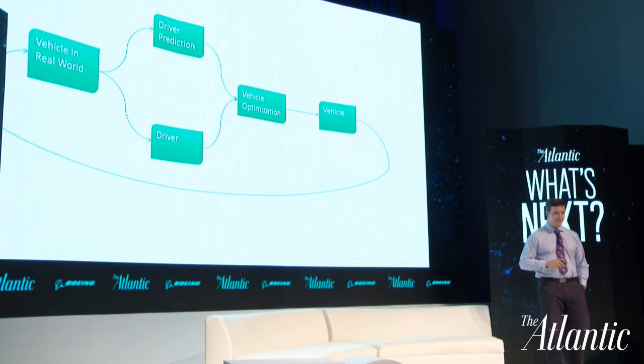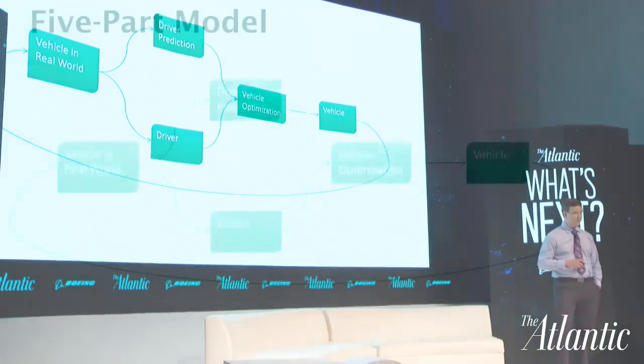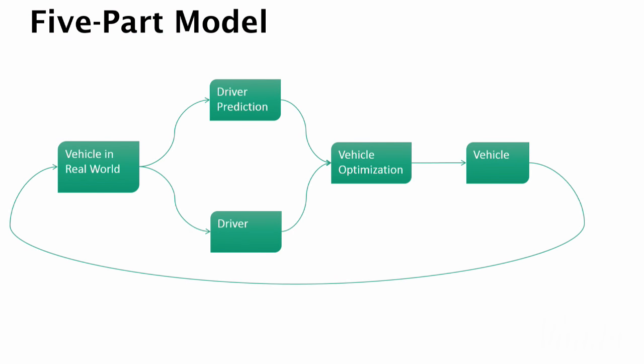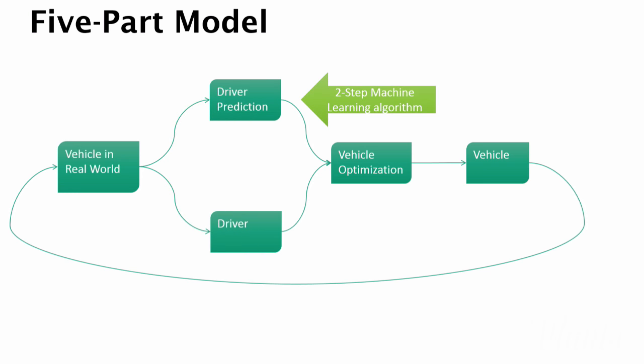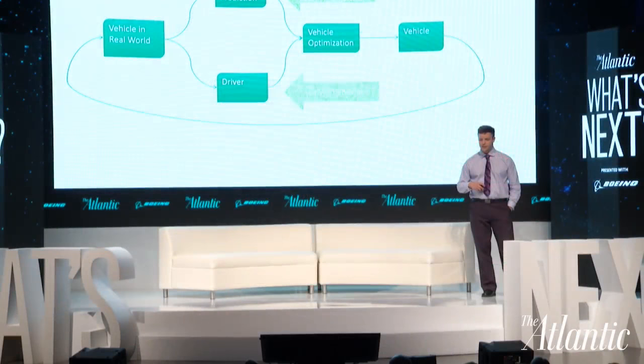This little model shows how driver prediction is augmented into a normal driving scenario. First, the algorithm receives GPS and vehicle speed data while the driver drives. While the driver makes decisions of where to go and how fast to go during their drive, driver prediction tries to learn these habits and predict them using information from the previous step.